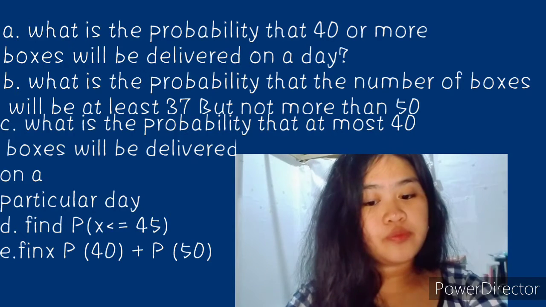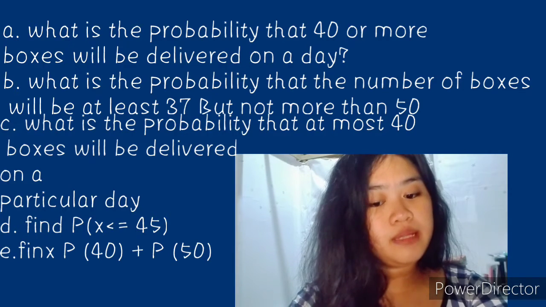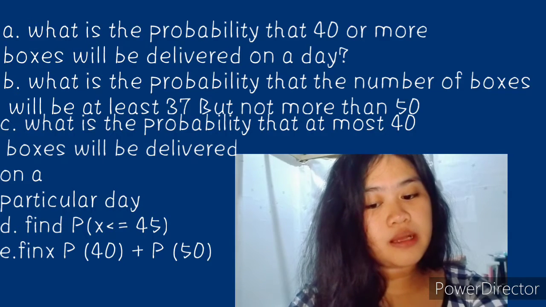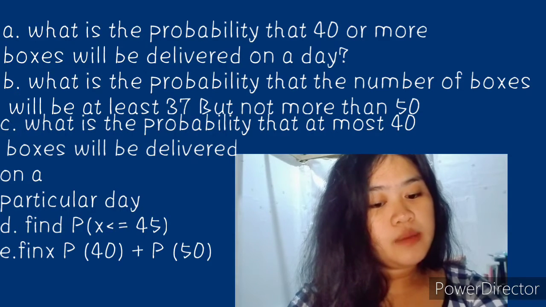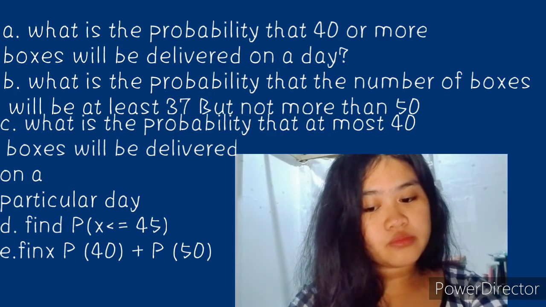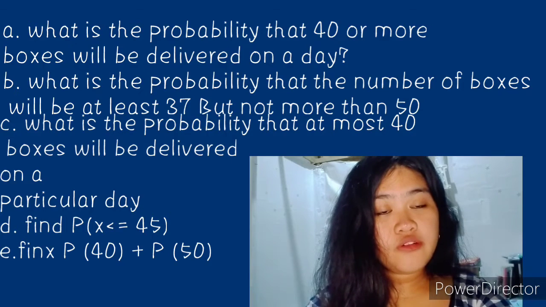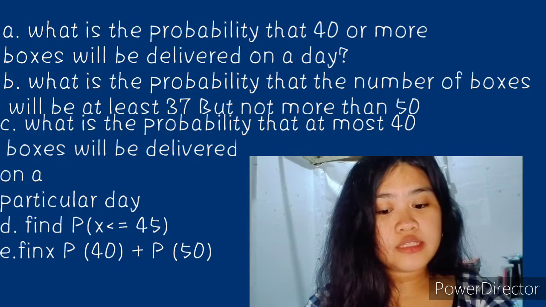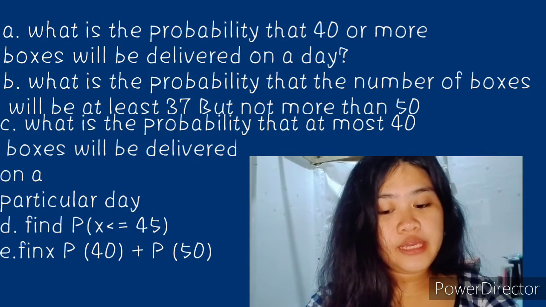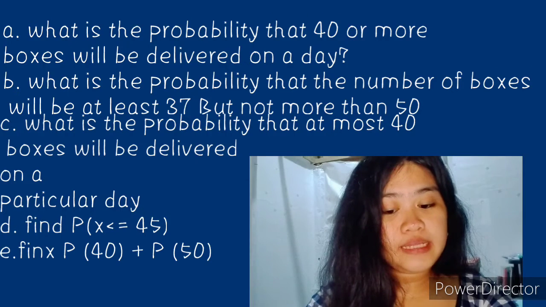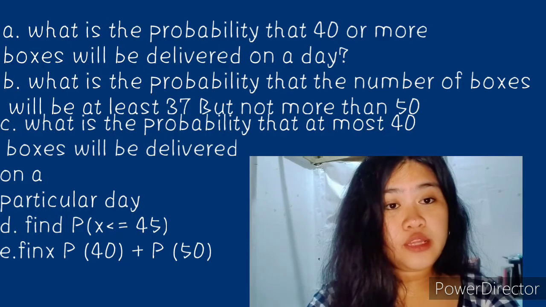For letter C, what is the probability that at most 40 boxes will be delivered on a particular day? On letter D, find P(X ≤ 45). And in letter E, find P(X = 40) plus P(X = 50).